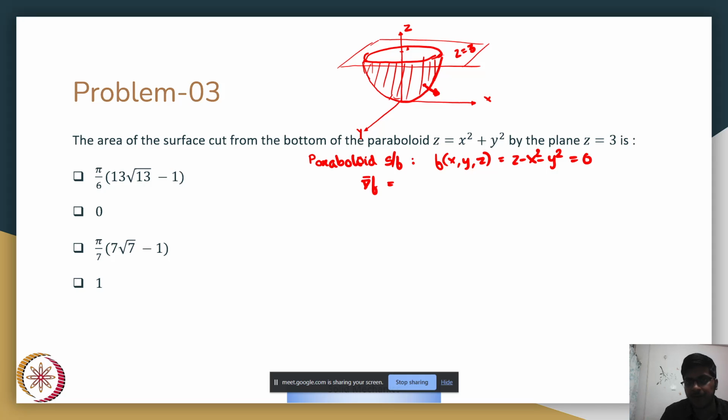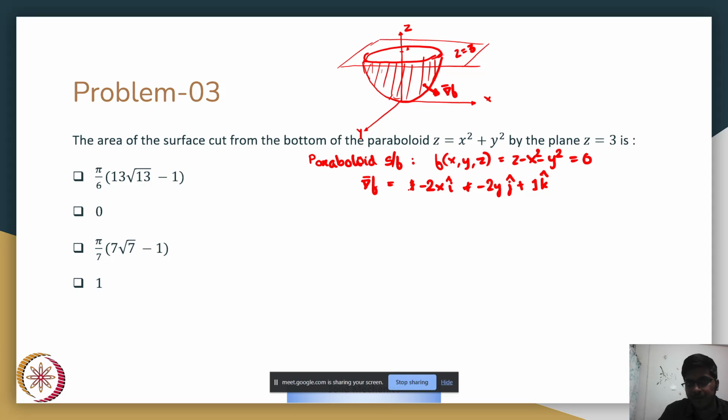So gradient of f is equal to minus 2x i hat minus 2y j hat plus 1 k hat. This is my gradient of f.